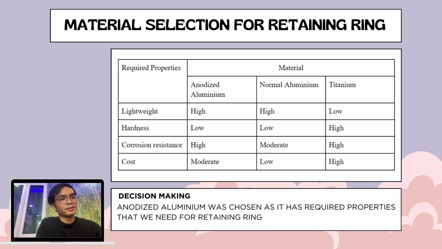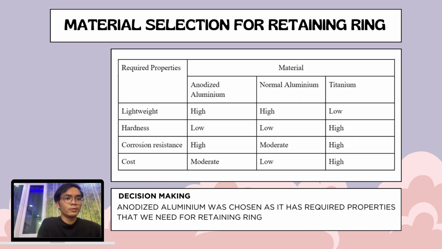And lastly is the material selection for retaining rings. For retaining rings, we have also chosen three materials: anodized aluminum, normal aluminum, and titanium. Anodized aluminum has high lightweight, low hardness, high corrosion resistance, and moderate cost.